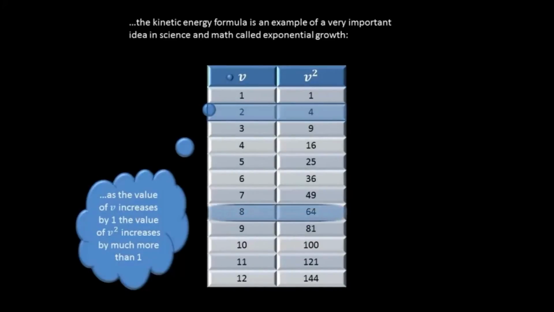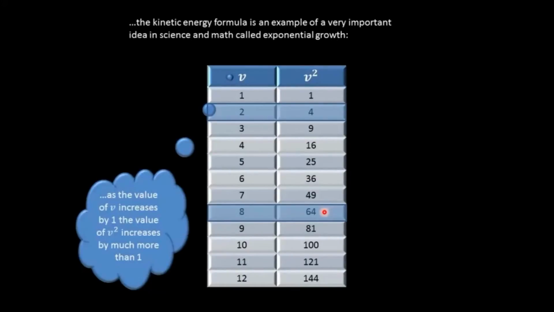In the second example, our car traveled at 8 meters per second. But that meant that its factor in the kinetic energy calculation would be 64 meters squared per second squared.